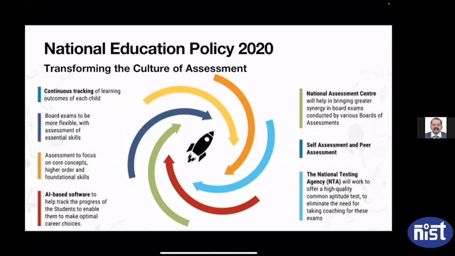In fact, they're talking of 2 board exams, not 1, so that people can improve their performance in the board exams. More flexible, essential skills to be covered there. Focus on core concepts, AI-based software to help track the progress of the students, a national assessment center to help with these things, self-assessment and peer assessment, and finally the university admissions, etc., to be through a national testing agency.